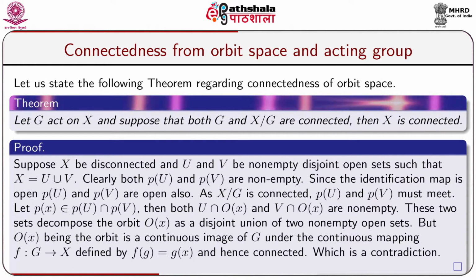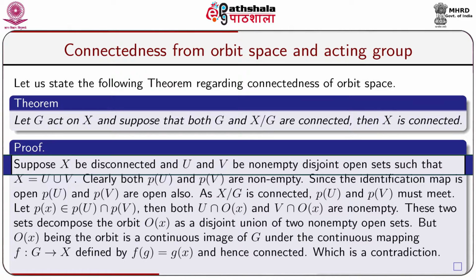Let G be a topological group which acts on X, and suppose that both G and the orbit space X by G are connected, then X is connected. To prove this, if possible, suppose X is disconnected, then there exist disjoint open sets U and V such that X is equal to U union V.